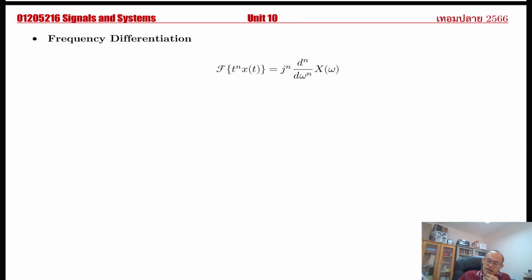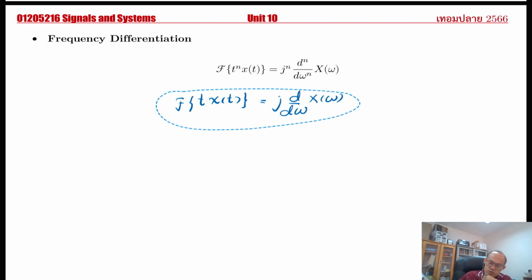If we multiply, well, actually, the transform of t times x of t is j times the derivative of X with respect to omega.